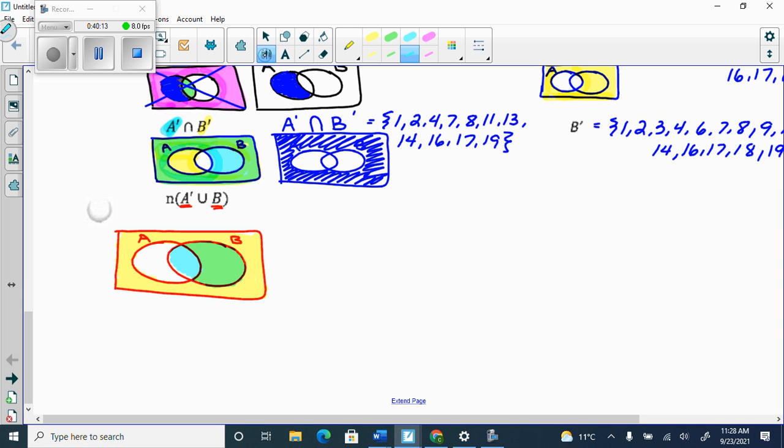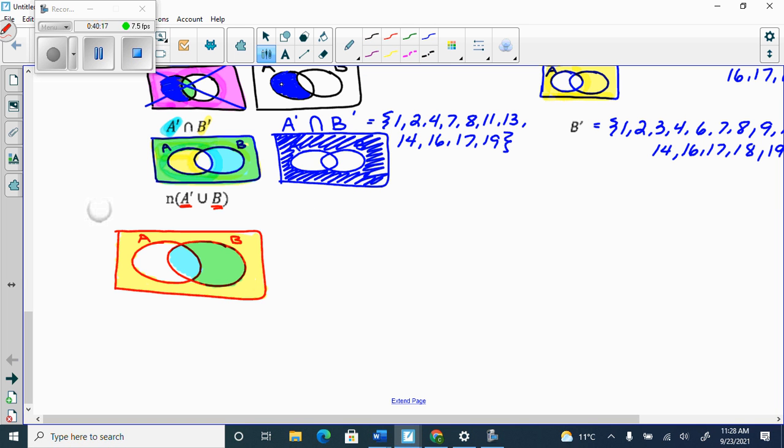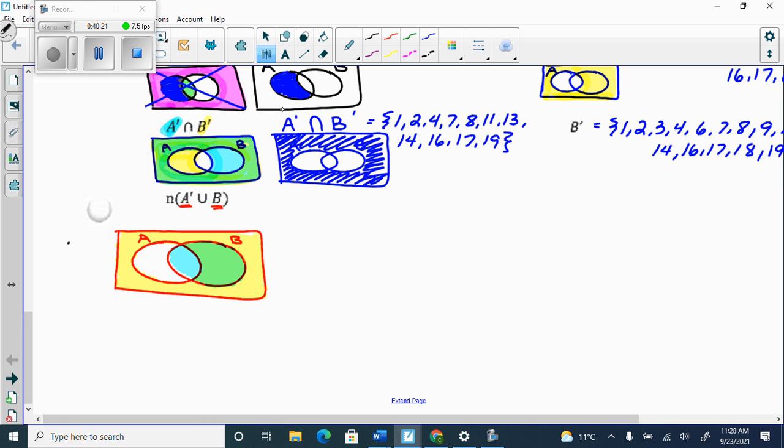If it was or, I would only take where they both are, which is just the green piece, right? Or sorry, and I'd only take where the green piece is, correct? But it's or, so it's actually everything. So A, not or B, is actually everything but the moon of A, right?